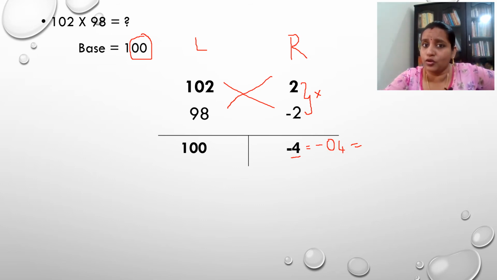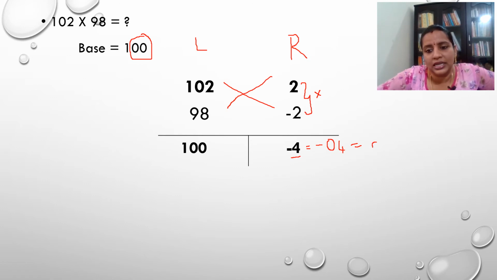Should I make this 0 a bar number, or leave it and just take the 4 only as a bar number? Just think, the whole number in the RHS is a negative number, isn't it? Yes, so I have to take the whole number, the whole 04, as a Vinculum number.